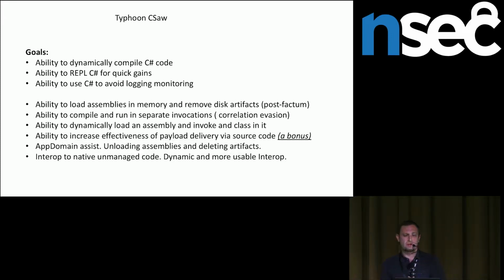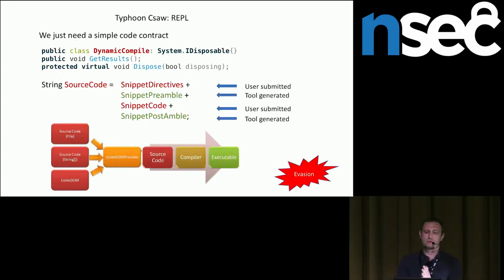So REPL is still on our list, right? So how do we do this? We know we can generate code for CodeDOM, right? We want to have some form of a contract with our code that executes in the loop. For example, we want to compile it, we want to get results from it, and we want to dispose of the object that you've just run so you don't leak memory or whatever the case may be. For CodeDOM, it's just a string, right?